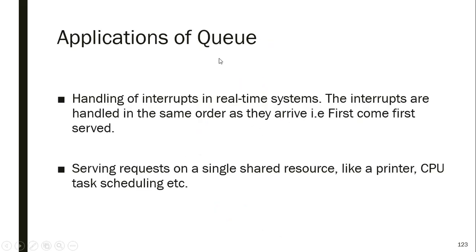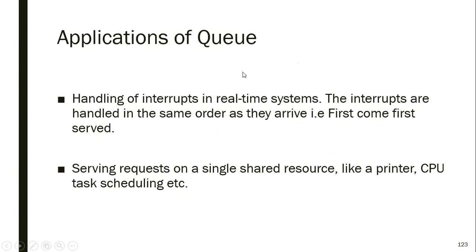Now what are the applications of queues? Queues are used to handle the interrupts in real-time systems. For example, the interrupts are handled in the same order as they arrive, first come, first serve. And in scheduling algorithms, especially for the CPU, you will learn in operating systems that there is an algorithm called first come, first serve.